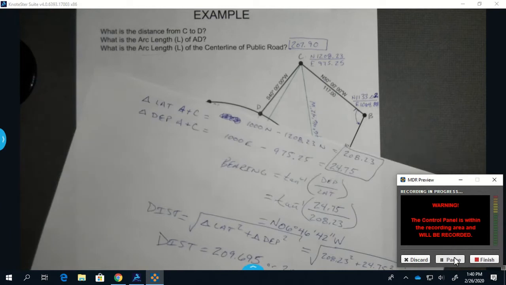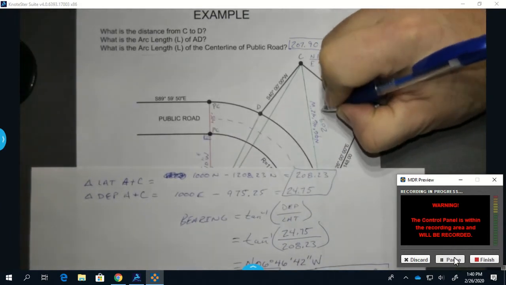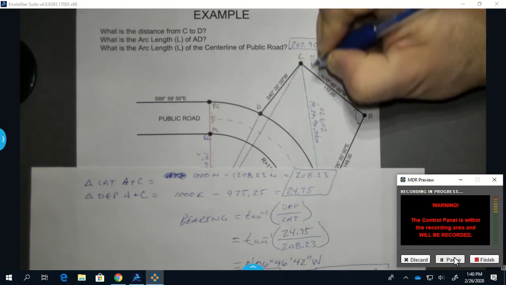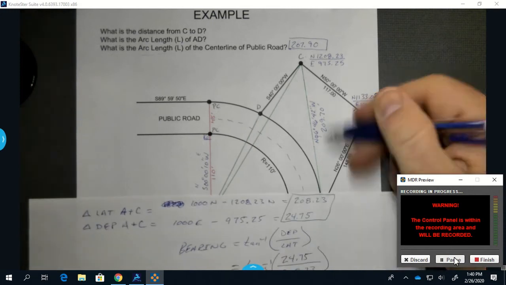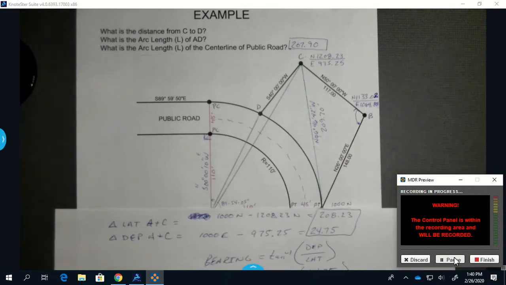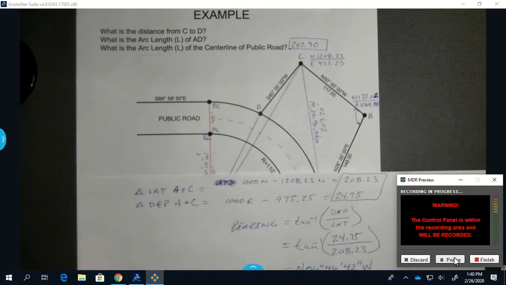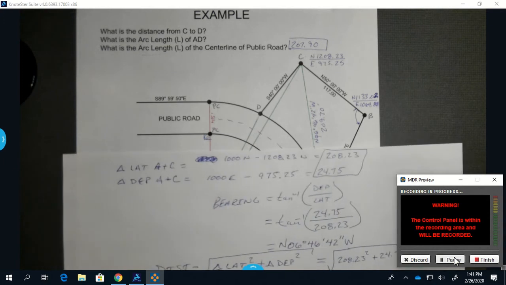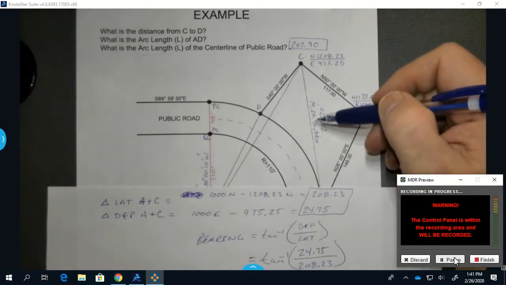Okay? So our distance here now then is 209.70 feet. Okay, so we solved that distance. So we have that part. We're good there. Okay? All right, so I'm going to flip to another sheet of paper. So we just solved for length A to C and bearing.